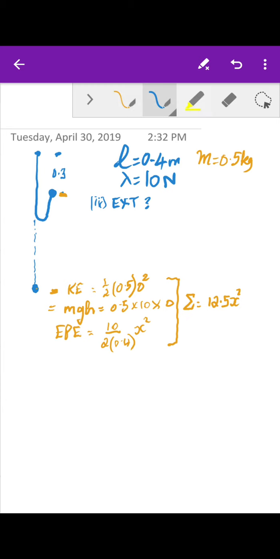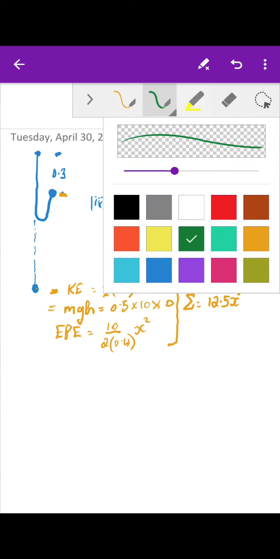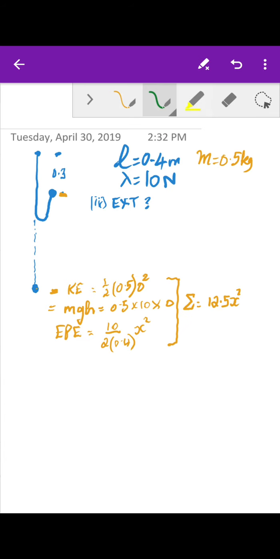Let's have a look at the sum at the top. Let's get a different color for this sum at the top. Now the kinetic energy at the top is also 0 because it's just stopped momentarily to turn around and head back down. The potential energy though is at the top of its height.